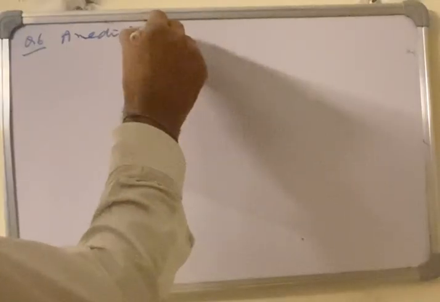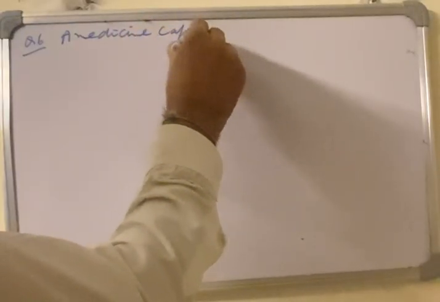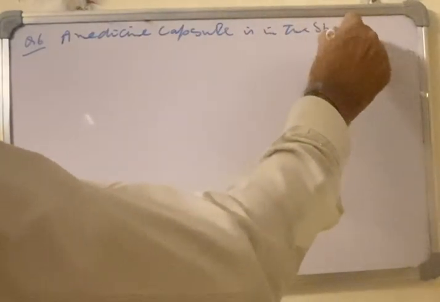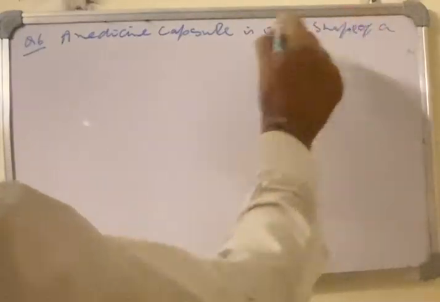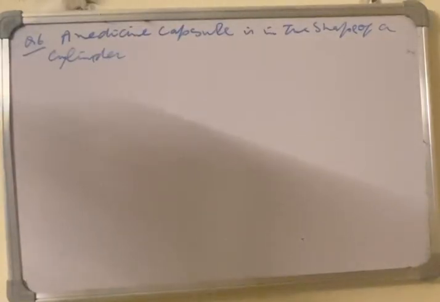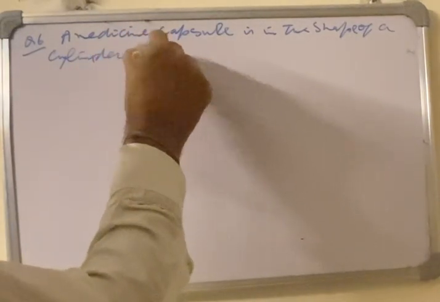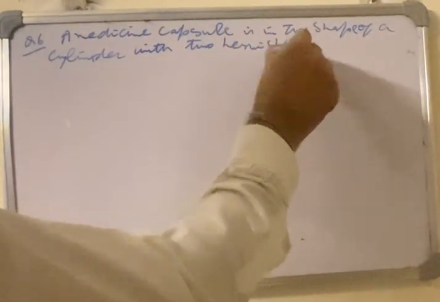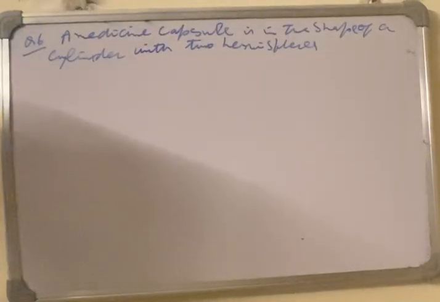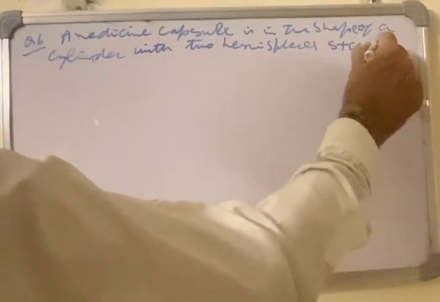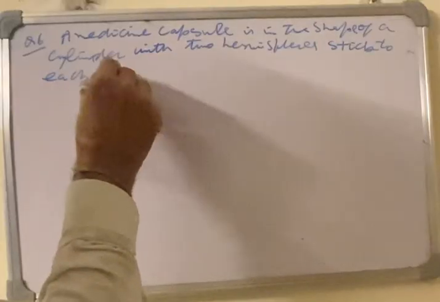A medicine capsule is in the shape of a cylinder with two hemispheres stuck to each of its ends.